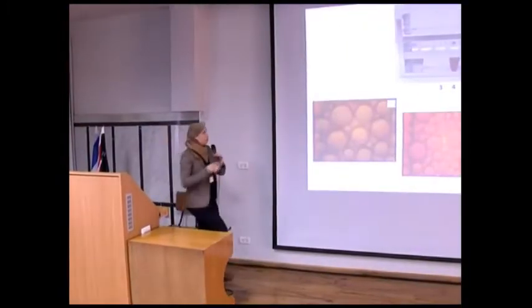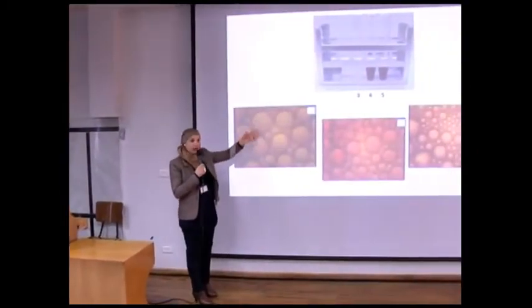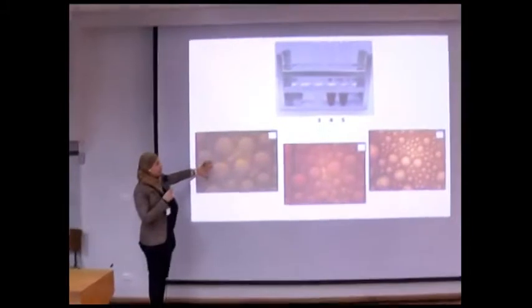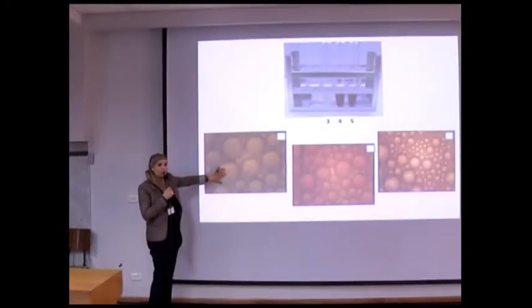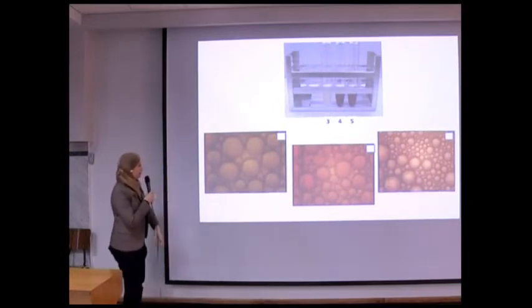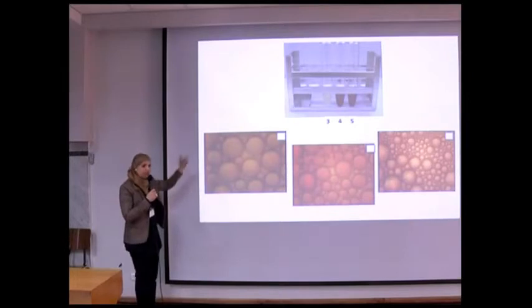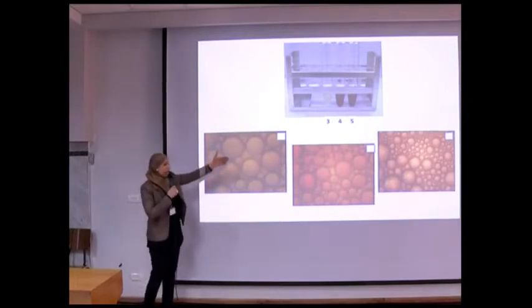We get 3 solutions, 2 of which are red colored because of the dye that we add. But when viewing by the optical microscope, we see that there is a difference in the interior structure of these 3 solutions.